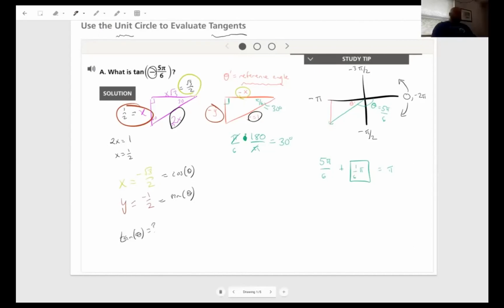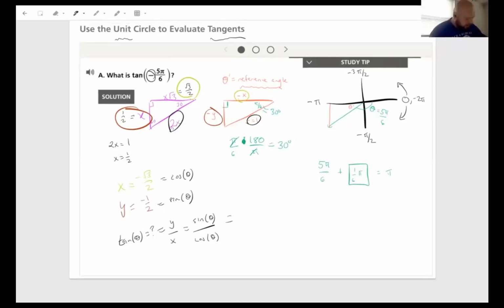You're going to have to reach back in your memory to a couple weeks ago to remember that the tangent is always the y value over the x value, or the sine value over the cosine value. So you're going to take the numbers that you've already solved for and put the y value on top, which is negative 1/2, and the x value on the bottom, which is negative √3 over 2.